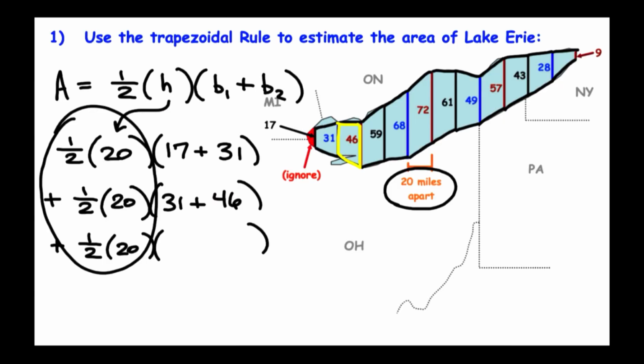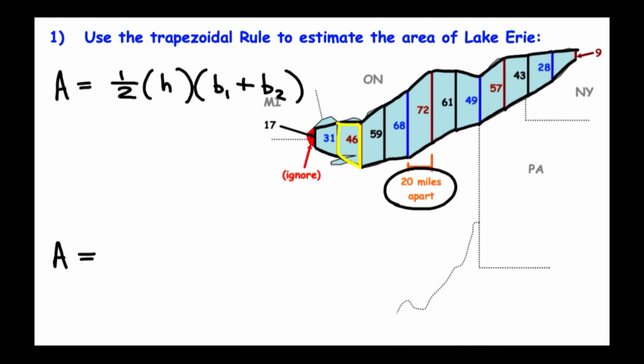So because of that, I think you can see that, oh man, this problem not only is a lot easier than it's sounding, but I can do the whole thing on my calculator. And you're right, you totally can. That's why people tend to like trapezoidal rule. So our area is just going to be 1/2 times the 20, or 20 over 2 if you prefer.